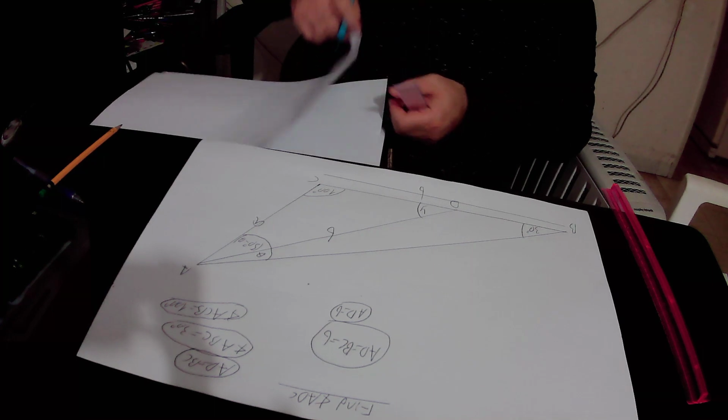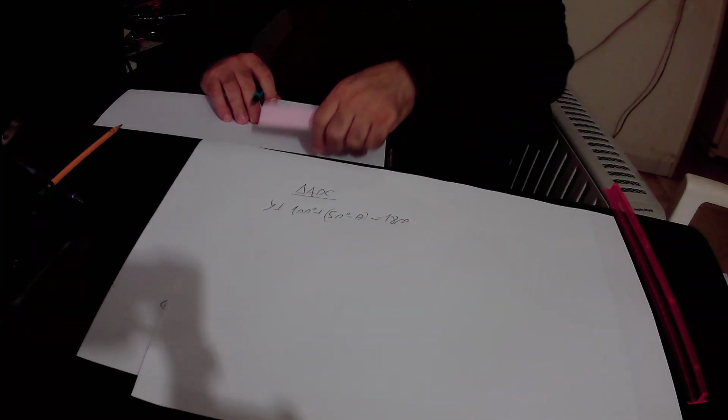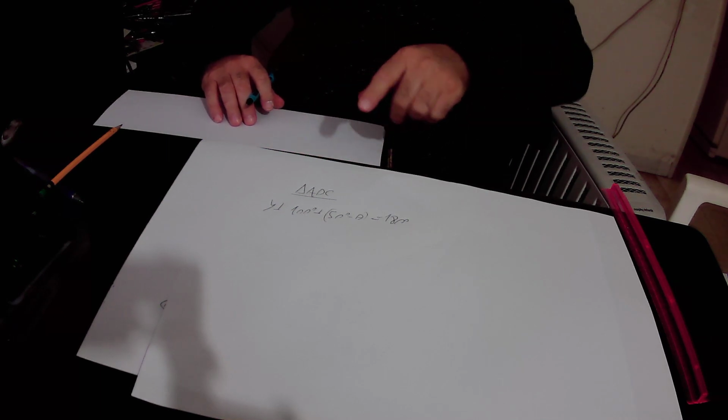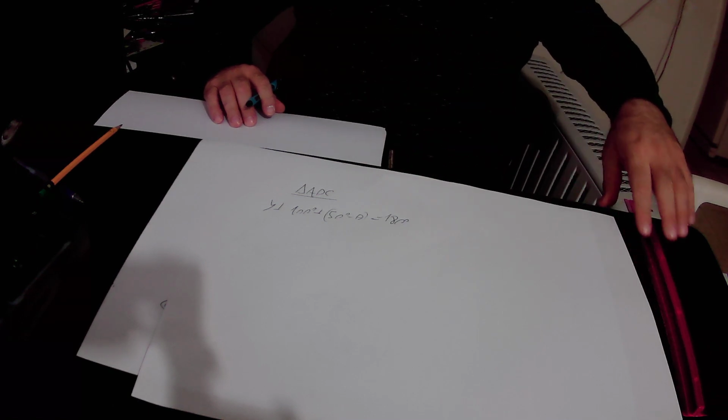In triangle ADC, the sum of the angles must be equal to 180 degrees, that is to say angle Y plus 100 degrees plus 50 degrees minus theta must be equal to 180 degrees.